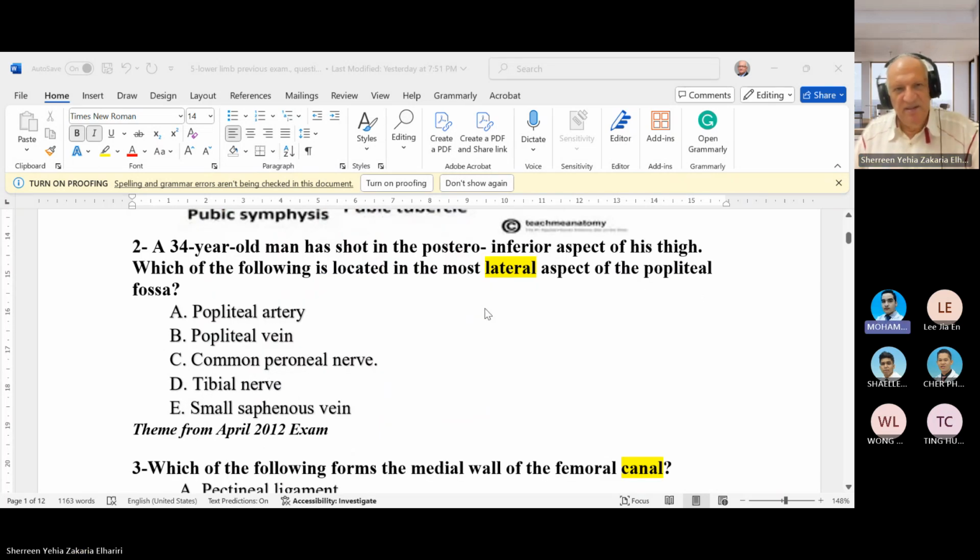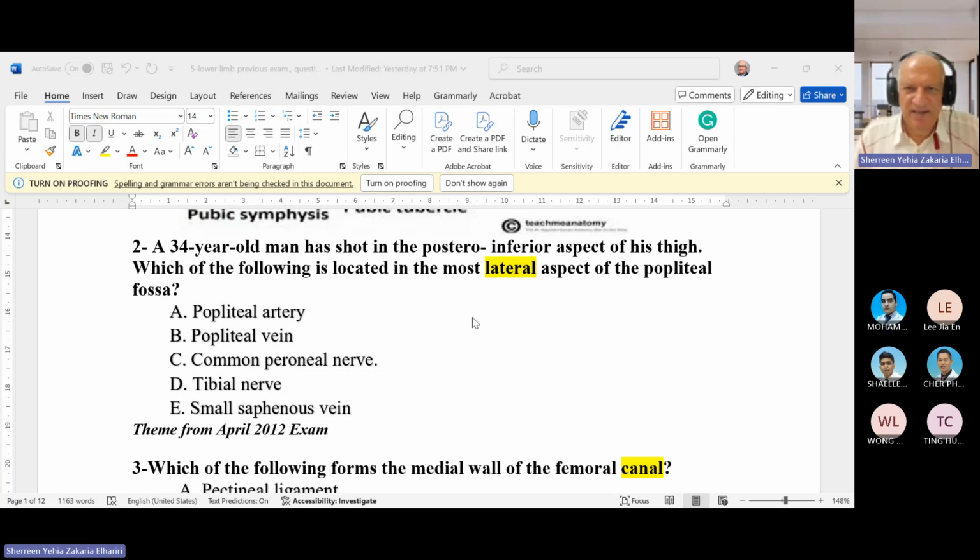A 34-year-old man has been shot in the posterior inferior aspect of his thigh. Which of the following is the most lateral structure of the popliteal fossa? Most lateral is not the popliteal artery or the popliteal vein. Most lateral will be the common peroneal nerve.